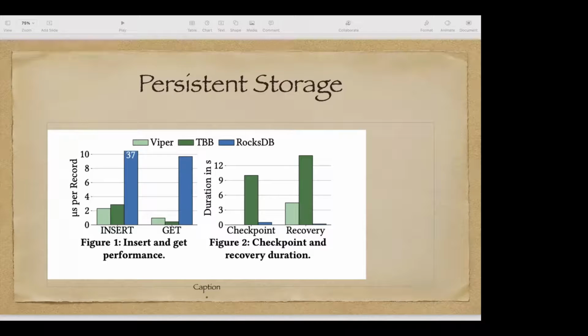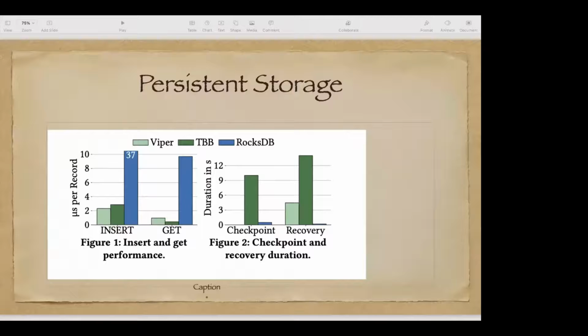This hybrid design achieves 4x higher insert rates than persistent memory only stores. But for get, the TBB concurrent hash map gives much more optimal performance.